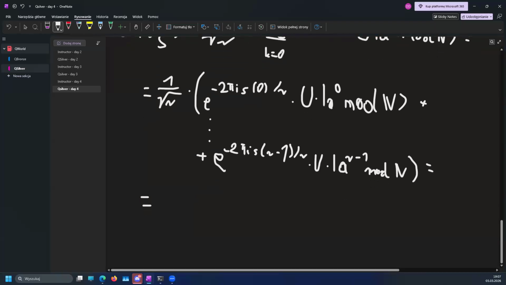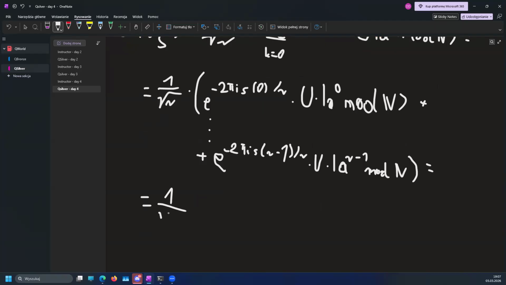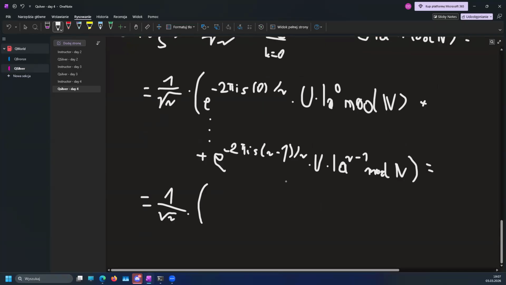So now let's see what will happen if we finally apply this U gate to our vectors, to our qubits. So again, we have our initial coefficients for the equal superposition, and now the coefficients will not change.